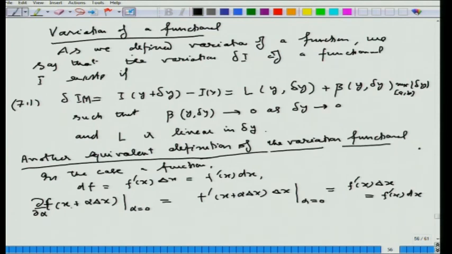So, this is a convenient, equivalent way of defining the differential of f.